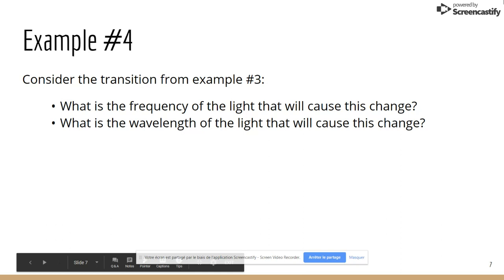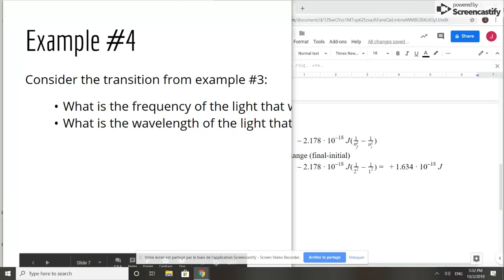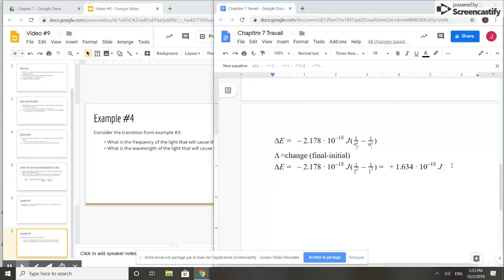Pause here. All right, we'll work through this one as well. For the first one, we need the same equation we used last time, E equals hν.